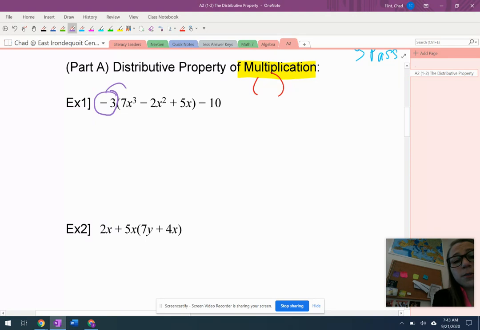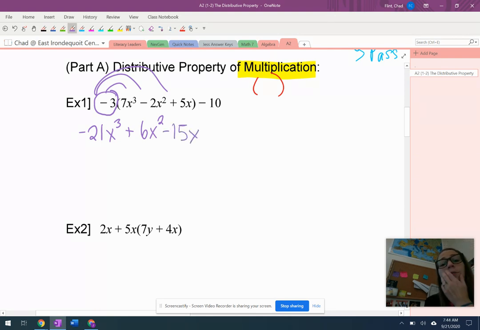So -3 times 7x cubed. -3 times 7 is -21, and the x cubed just stays the same because there's no x or anything on my -3. -3 times -2x squared is a positive 6x squared. And -3 times the positive 5x is a -15x.